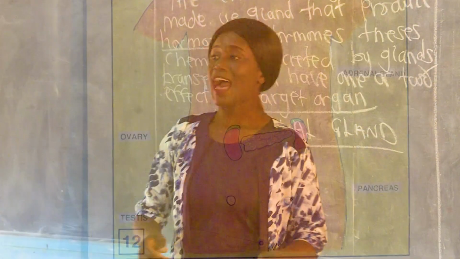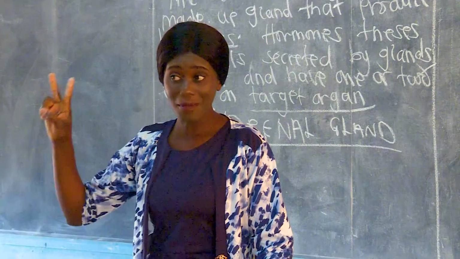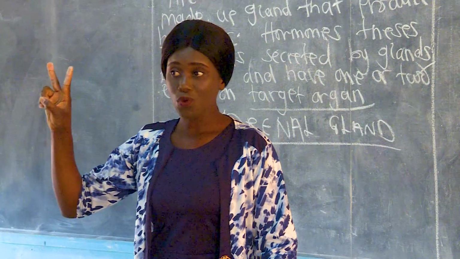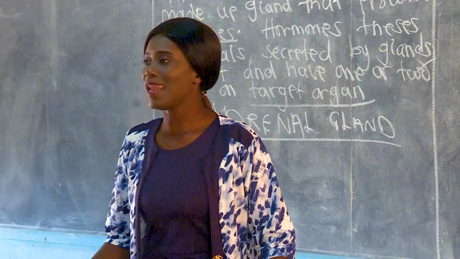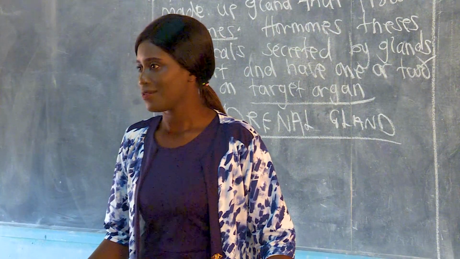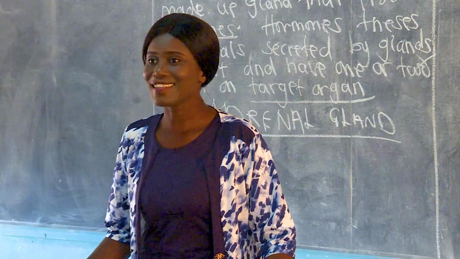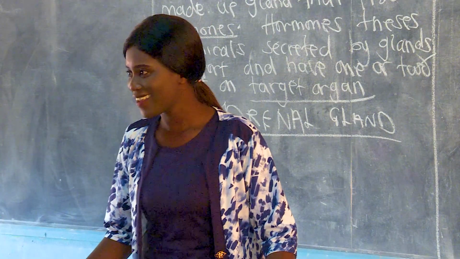Alright. The adrenal gland secretes how many hormones? Two hormones by the name of adrenaline as well as aldosterone. Welcome to biology, the subject of big terms, right? Okay.